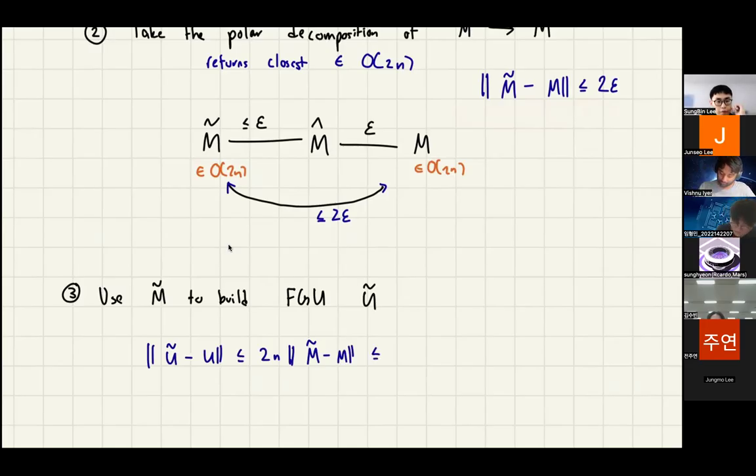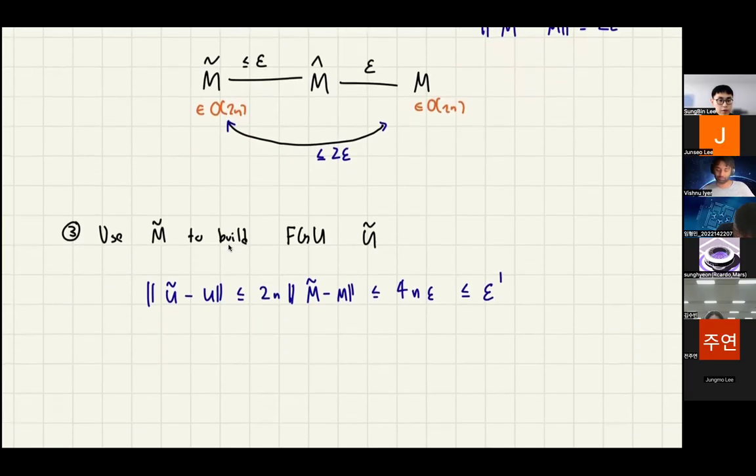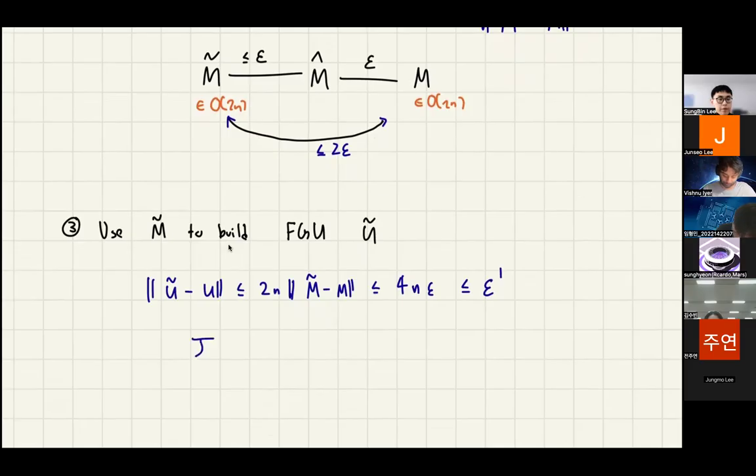So this is less than or equal to 4n epsilon. We want this to be less than or equal to some epsilon prime, so we just set epsilon equal to this new epsilon prime over 4n. And that's the idea.